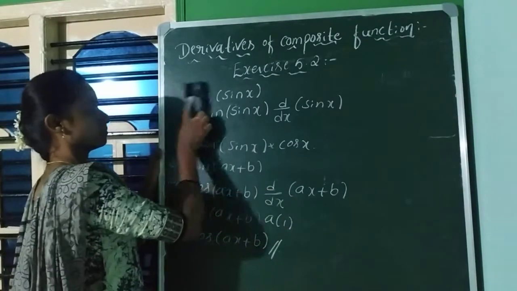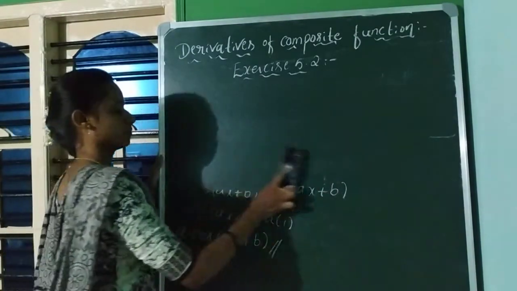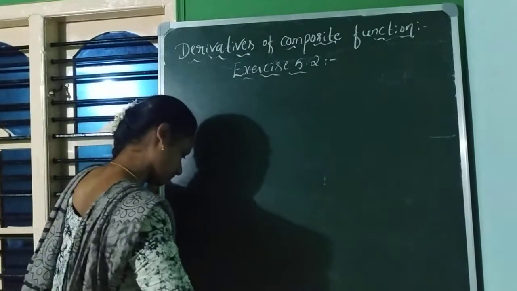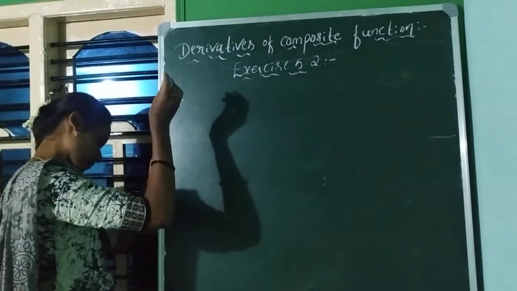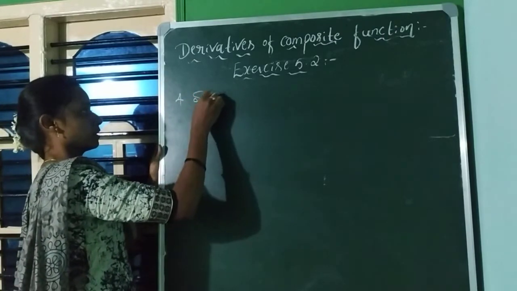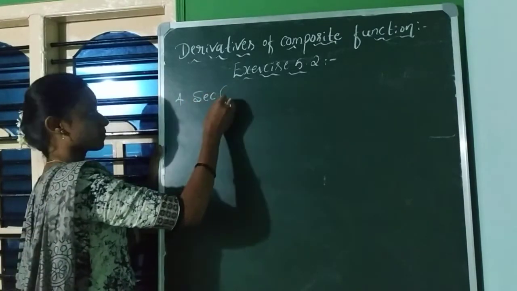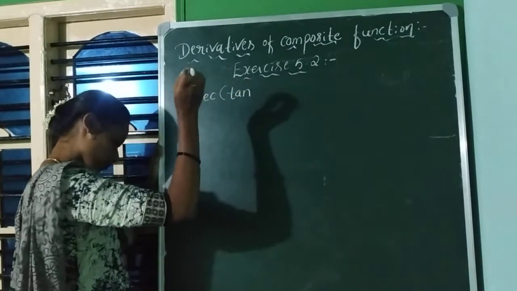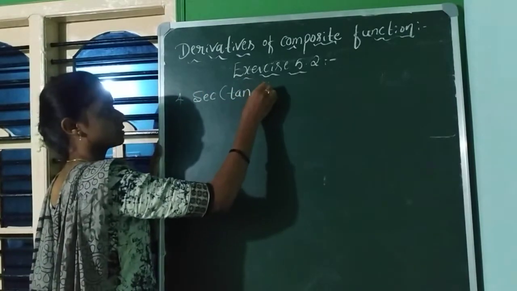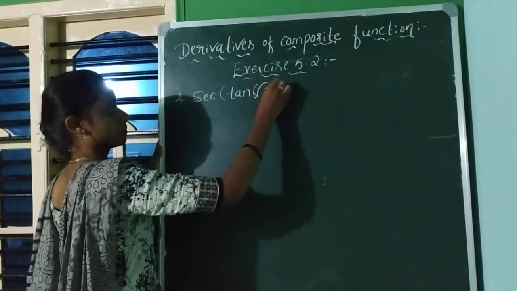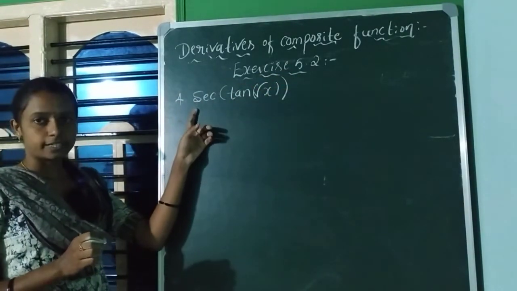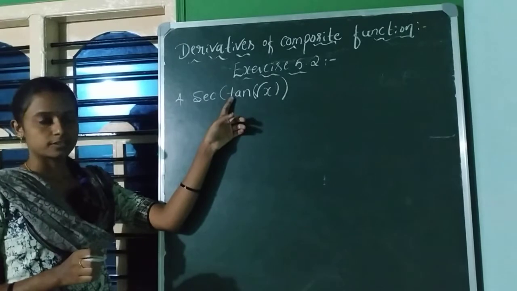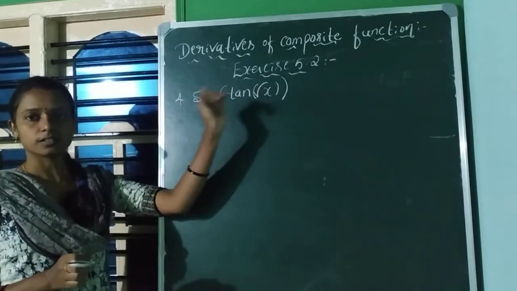fourth one. Secant of tan of root x. Okay, secant is trigonometric, tan is trigonometric, and root x is algebraic.